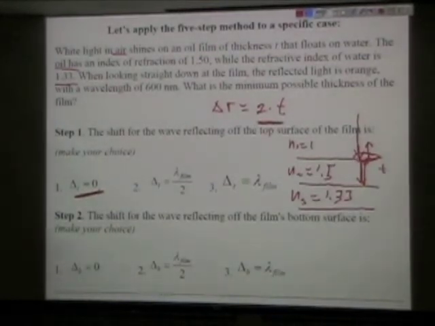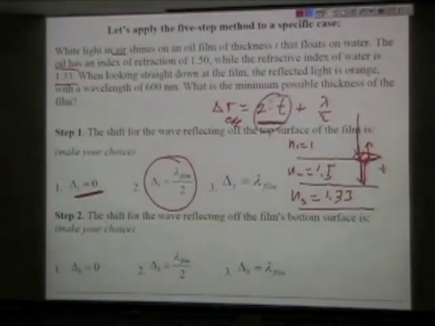In a case when 180 degrees phase difference happens, in that case we say we should add an additional half of a wavelength to path length difference. And this is what we call the effective path length difference. That's what our ultimate goal is, to calculate this. So we know for sure this term is supposed to be a part of this difference.